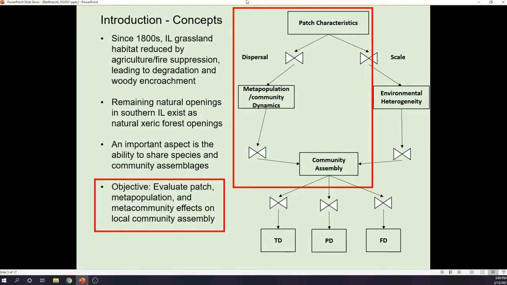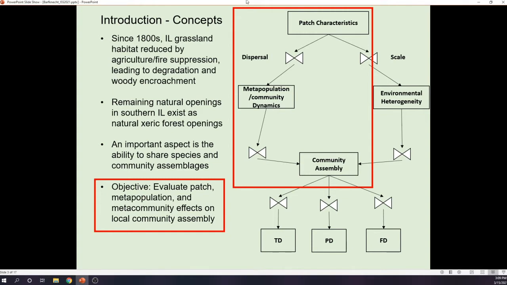Fire suppression allowed woody encroachment, so many of these xeric patches gained enough woody vegetation that the openings themselves eventually closed up. The few that were not utilized by settlers remain as natural xeric forest opening communities, and in this case we're focusing on the sandstone ones.